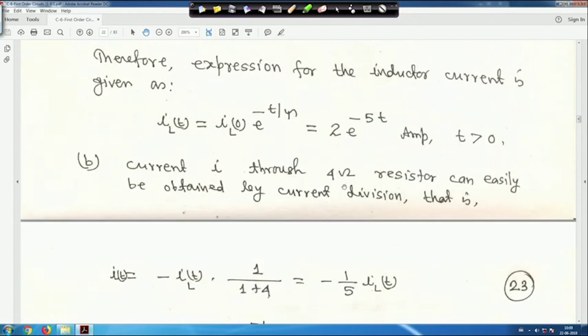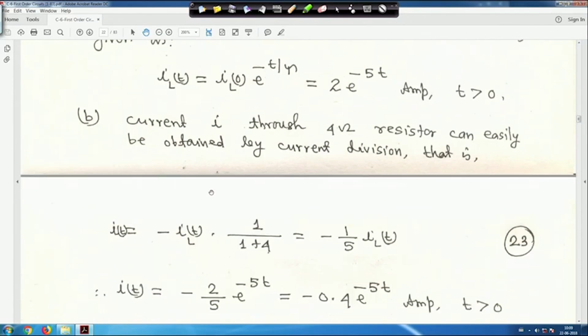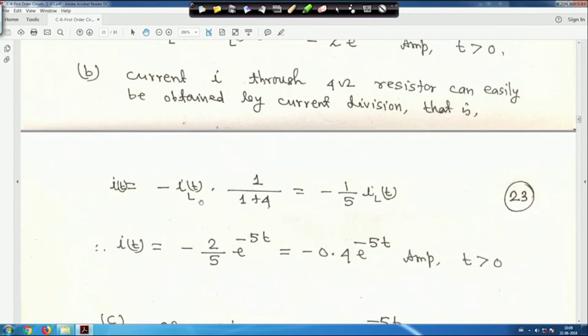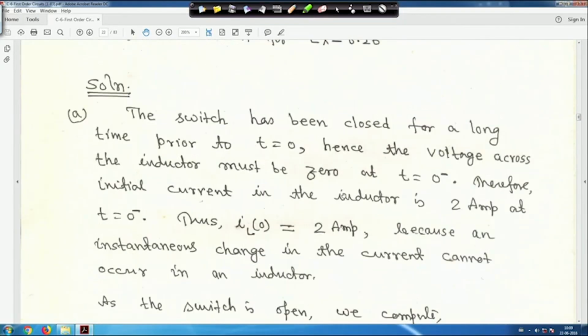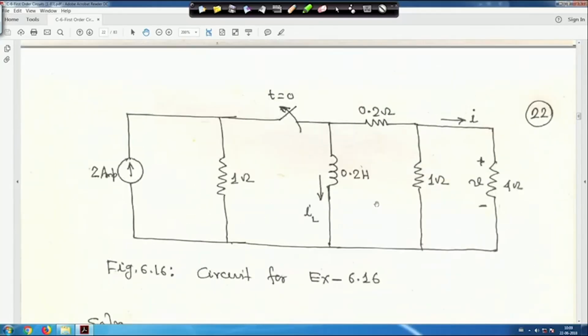Now, the current I through the 4 ohm resistor can easily be obtained by current division, that is I(t) is equal to minus IL(t) into 1 upon 1 plus 4. If you come here, this 1 ohm and 4 ohm are in parallel, but this current I is flowing through this 4 ohm resistance.